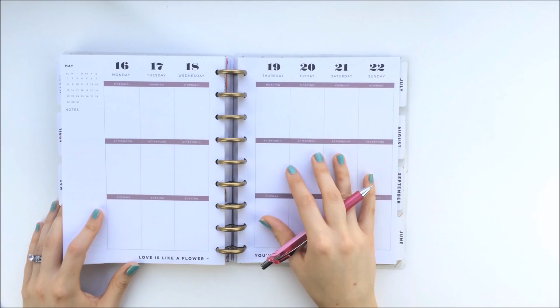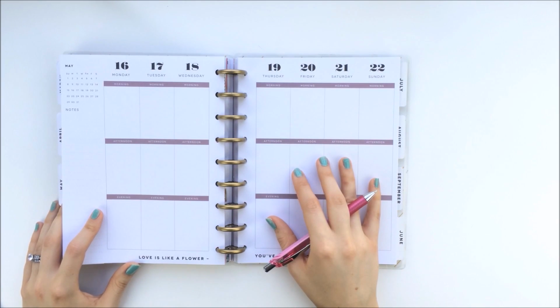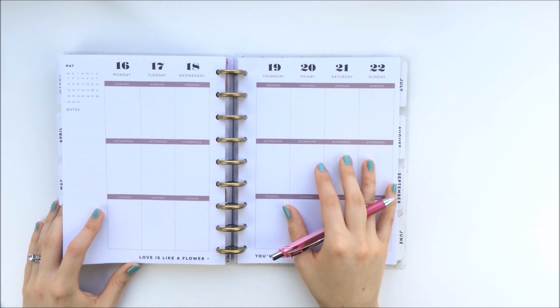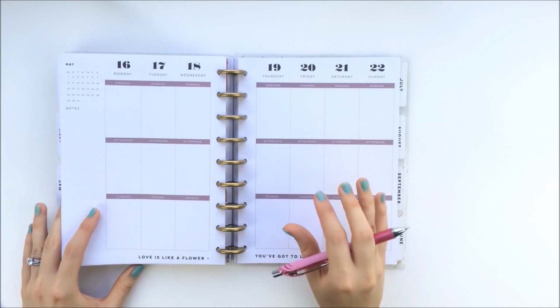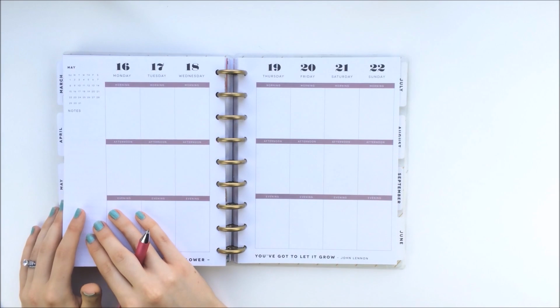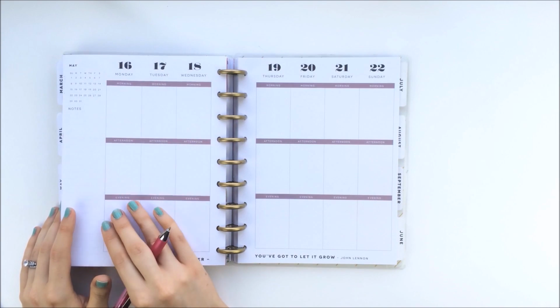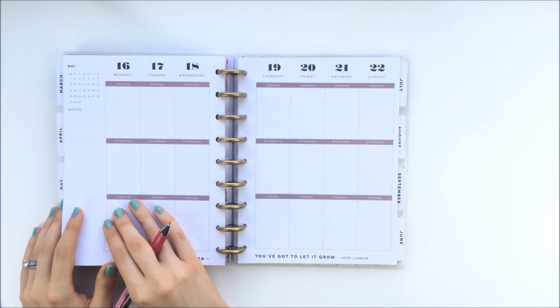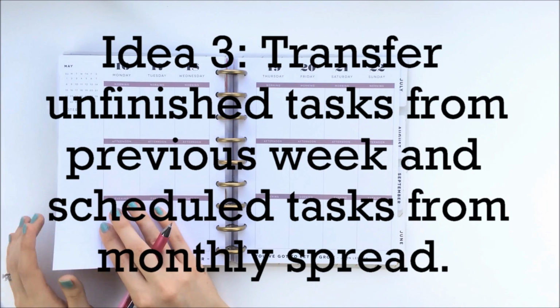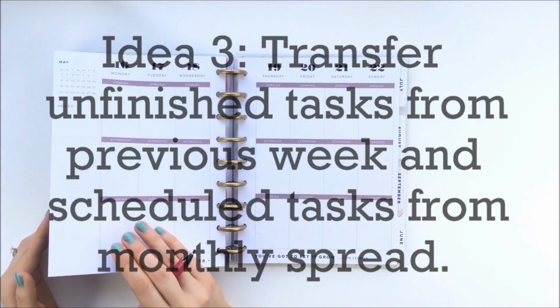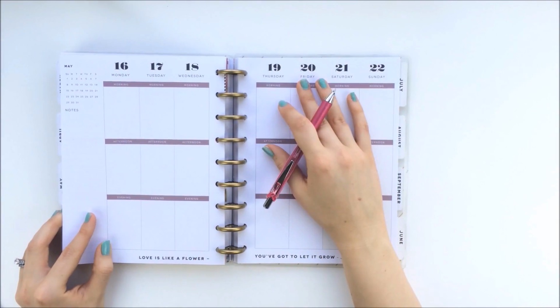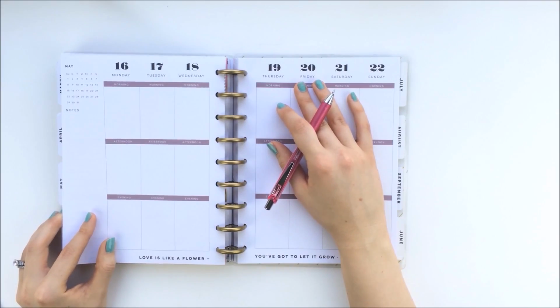So it just comes down to what your schedule is like, and also what your personality is like. What do you prefer? So when you're planning, you want to go back and reference your monthly spread and then write down the fixed tasks for the upcoming week. And you may also want to transfer the to-do list tasks that didn't get accomplished into the week that you're planning out.